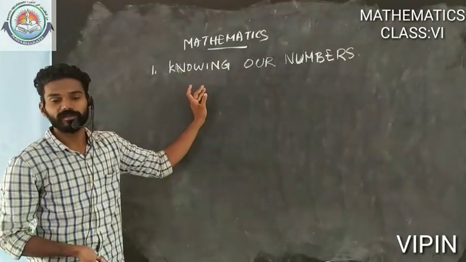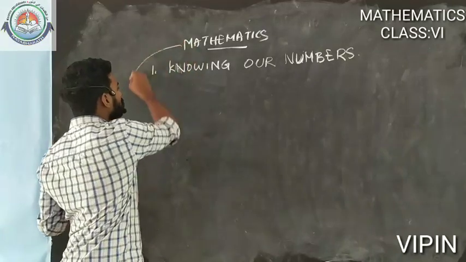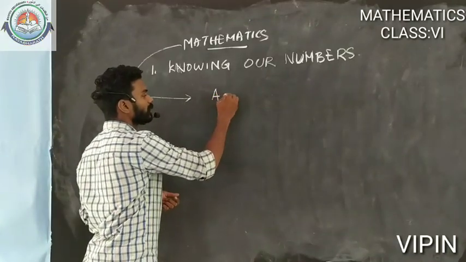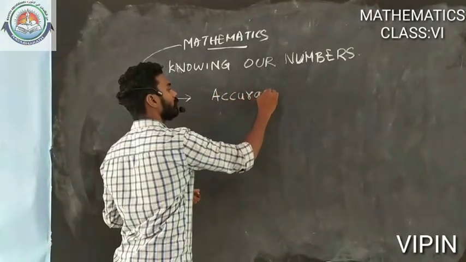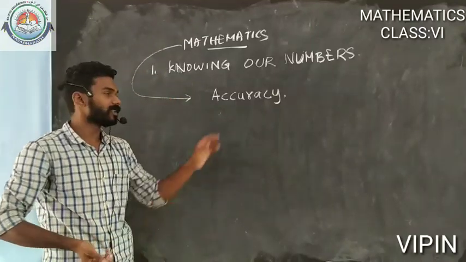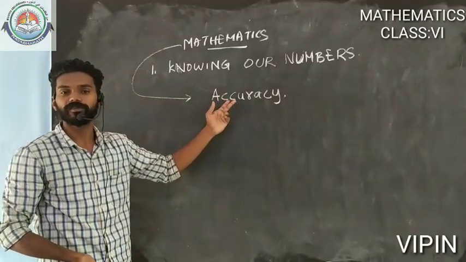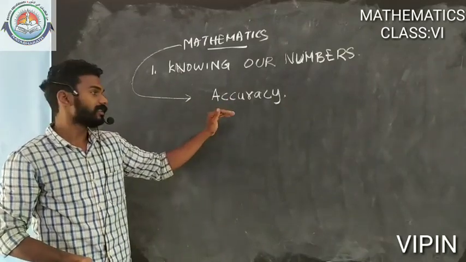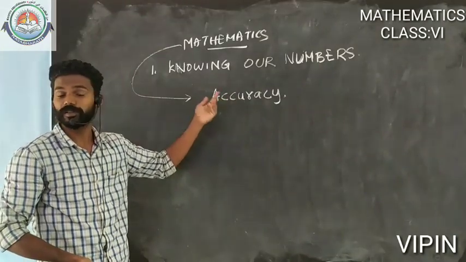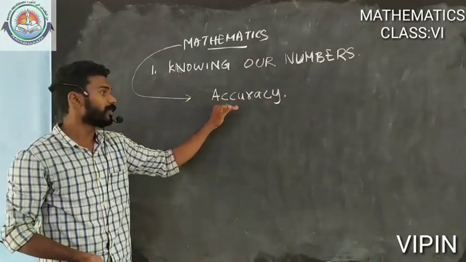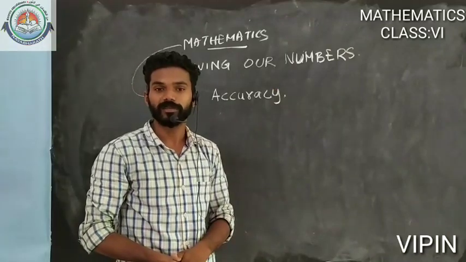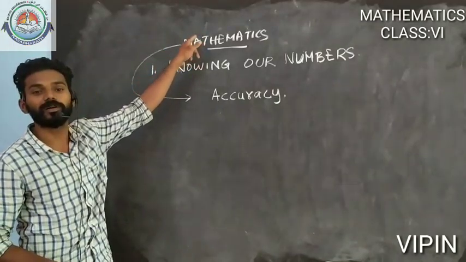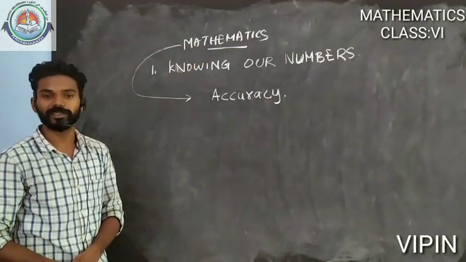So let us begin. Mathematics is a branch of science, and the importance of mathematics is its accuracy. The key feature of mathematics is its accuracy. There are situations in our daily life where the problems have to be solved with maximum accuracy, and for those situations, we suggest the branch of science called mathematics.